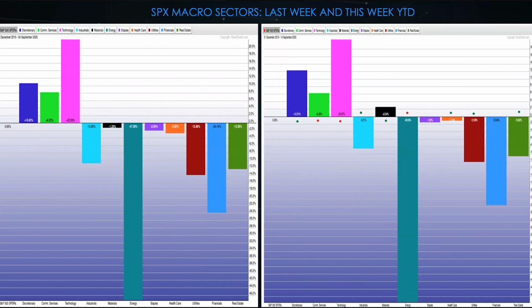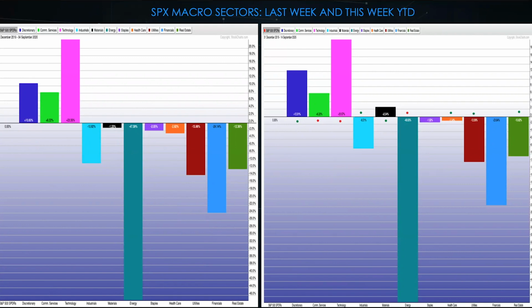So now, for instance, technology is only outperforming the S&P by about 20.5%, well off the highs of this year. And communication services has actually fallen back too.